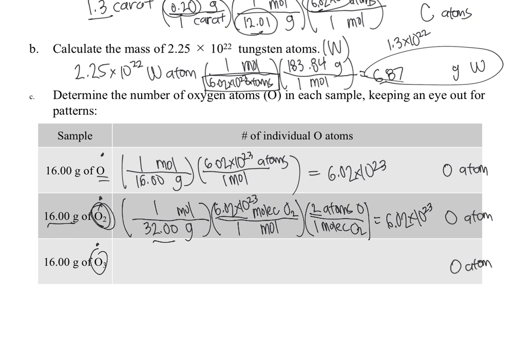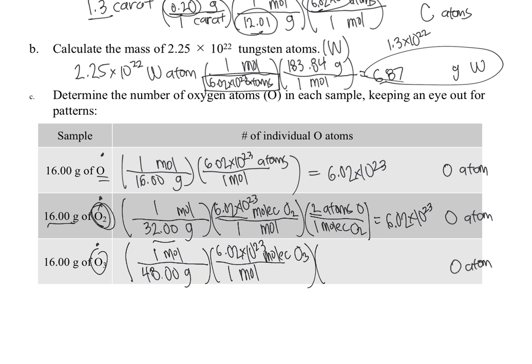So last one we're going to do, it's going to be similar, but now we have ozone, which has a larger molar mass. Its molar mass is 48.00 grams per 1 mole. Now again, we're going to go out of moles, but now into molecules. So 6.02 times 10 to the 23rd molecules of ozone.